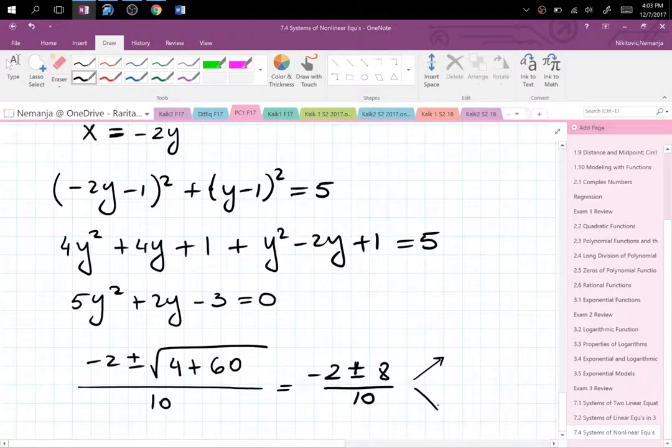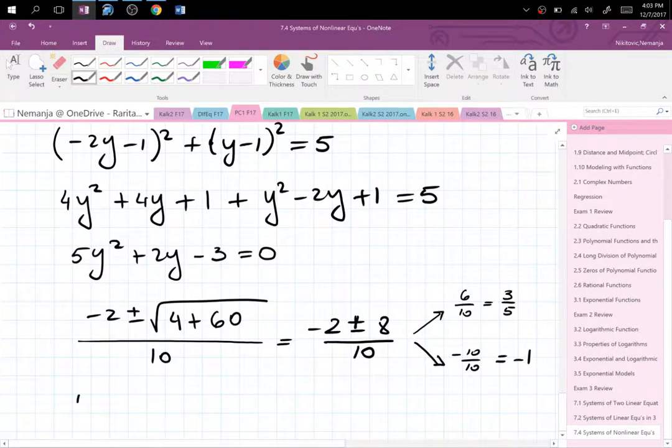So one solution is 6 over 10, which is 3/5, and the second solution is negative 10 over 10, which is negative 1. So I have y equals 3/5 and y equals negative 1.